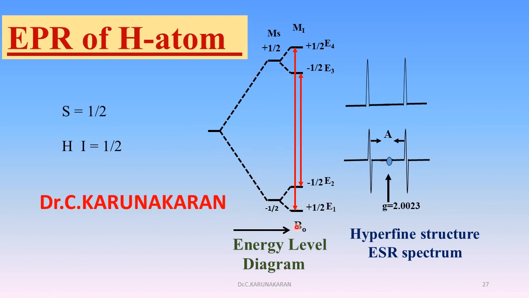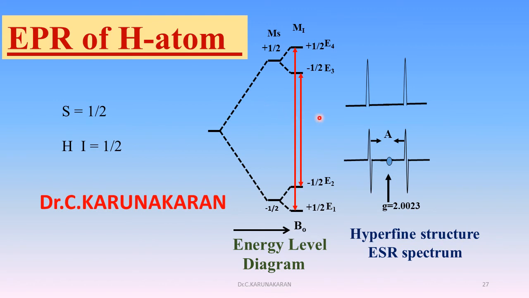And further, each spin state is split into two levels due to coupling between the electron spin moment and nuclear spin magnetic moment. Therefore, it splits into two. In the case of ESR, minus 1 by 2 is the lowest energy state, whereas in the case of NMR, plus 1 by 2 is the ground state.